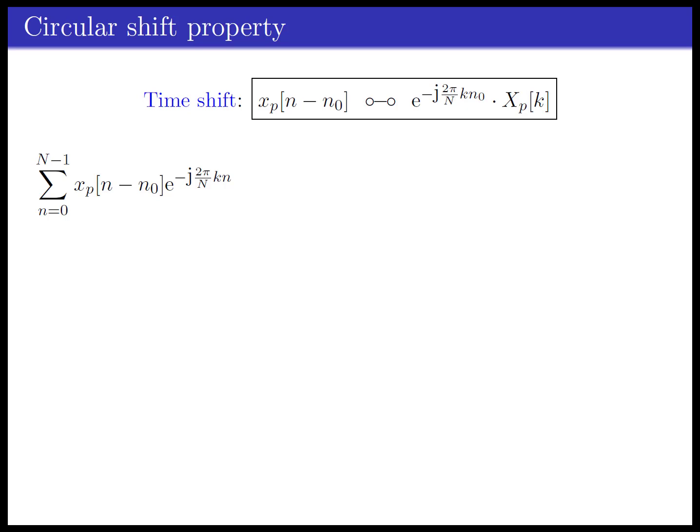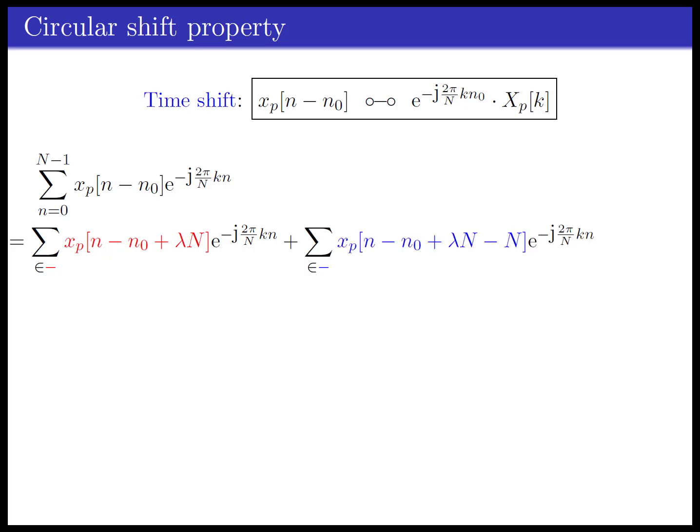From this, we can split the summation into the following two parts. The red part, which contains the samples which are at the right hand side of the fundamental period, and the blue part, which contains samples that are shifted outside the fundamental period at the right hand side and entering the fundamental period again at the left hand side.